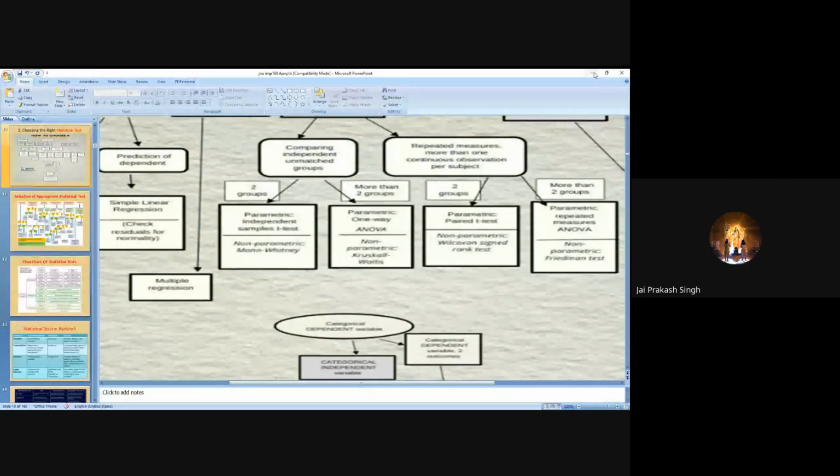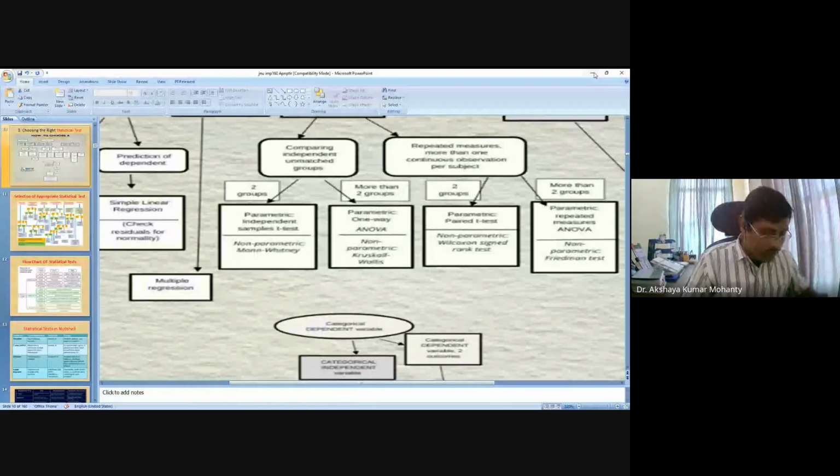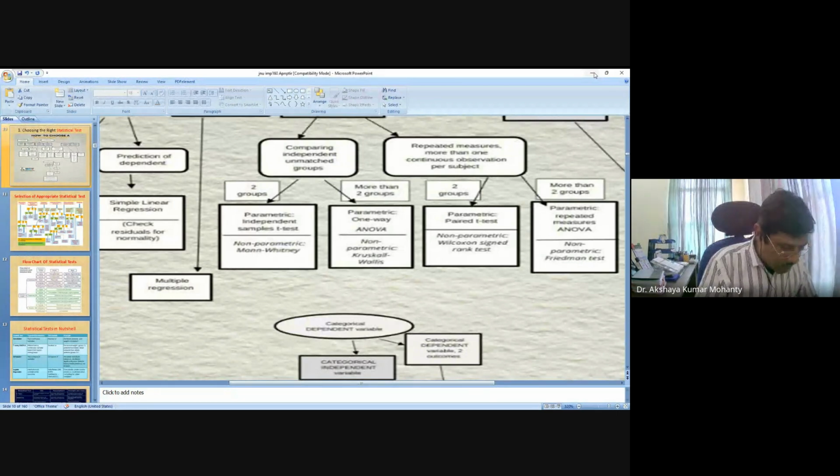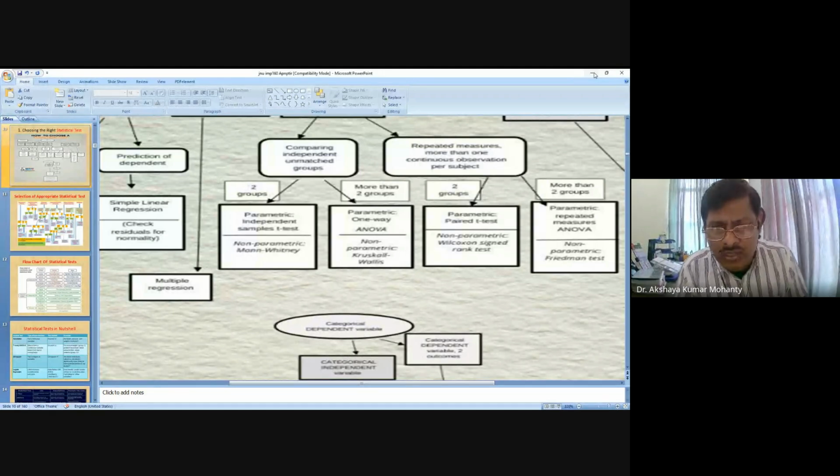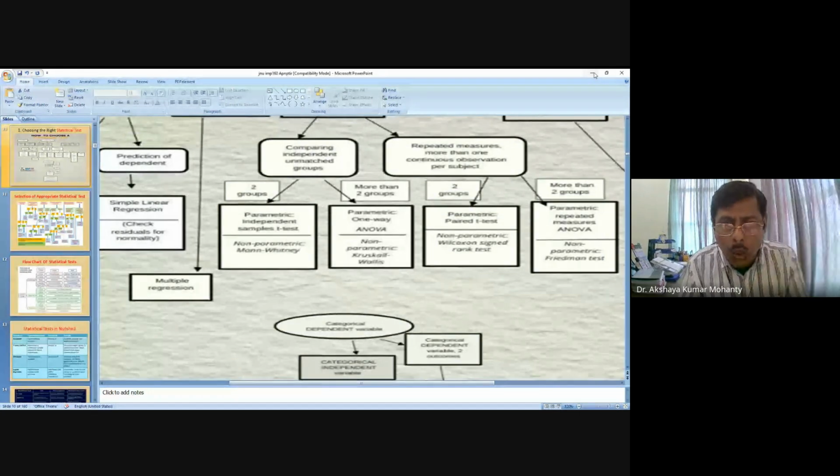Yes, sir. Okay, then the fourth condition: there should be homoscedasticity, no heteroscedasticity. No heteroscedasticity in the equation. That's the fourth. What is heteroscedasticity? Heteroscedasticity means there is no homoscedasticity.